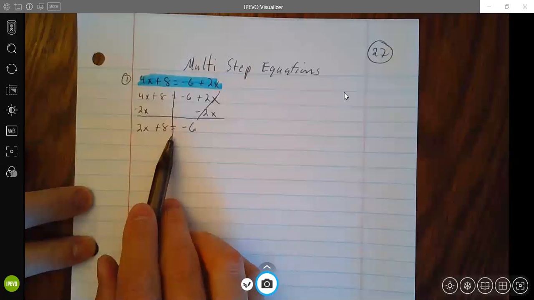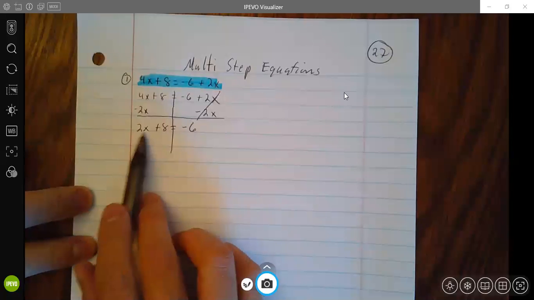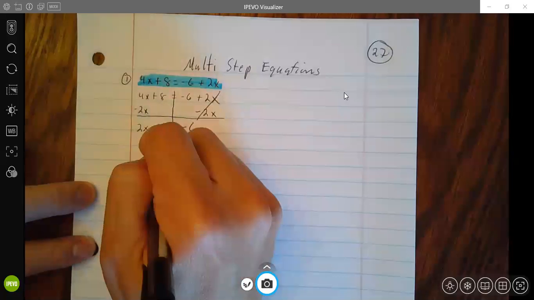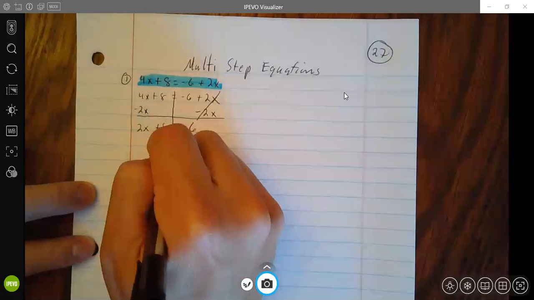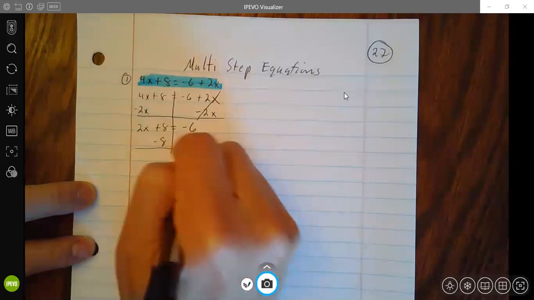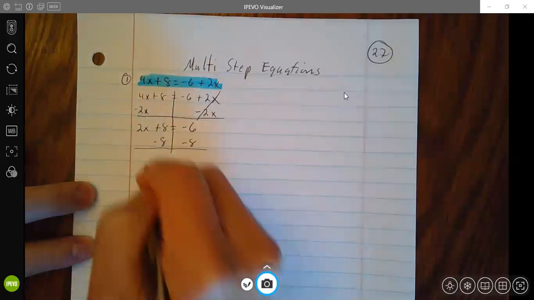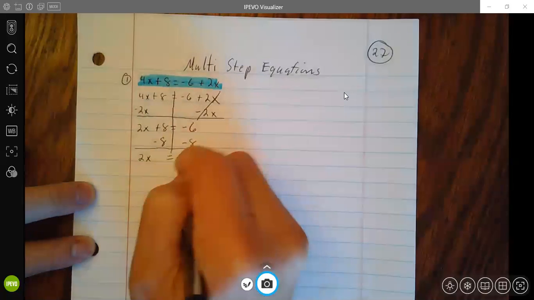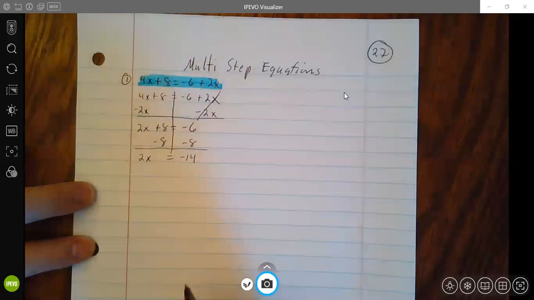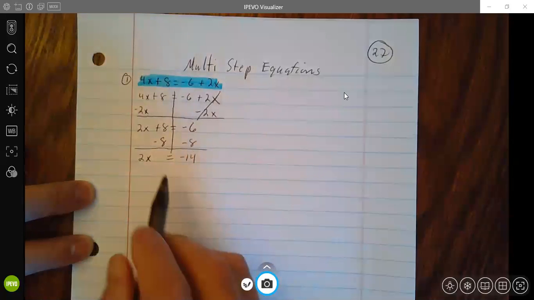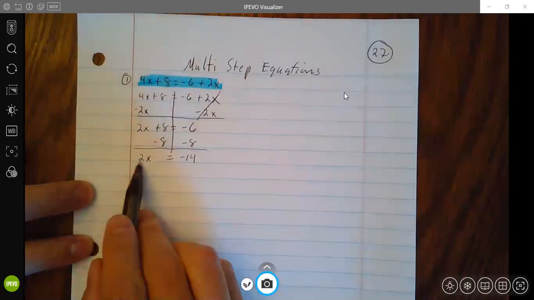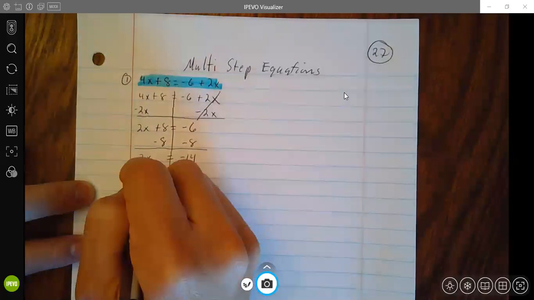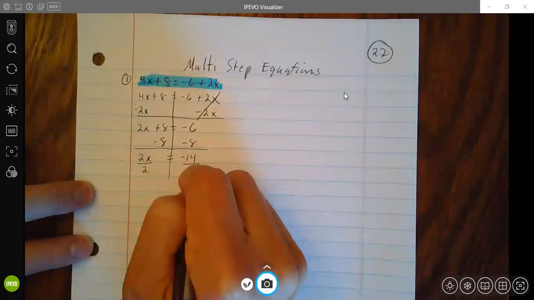Okay, so 2x, I know I'm going to divide by 2 last, but I want to do the addition subtraction first, so I'm on minus 8. Okay, so I have 2x left over equals negative 6 minus 8 gives me a negative 14. And then the last step, 2 times x, opposite of times is divide, so I'm going to divide by 2. X equals negative 7.